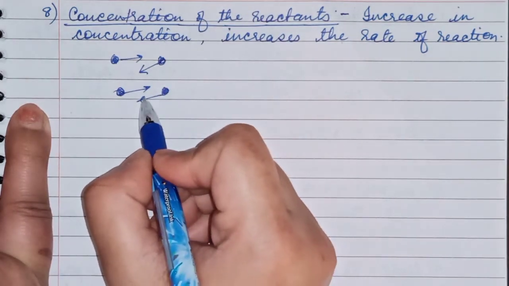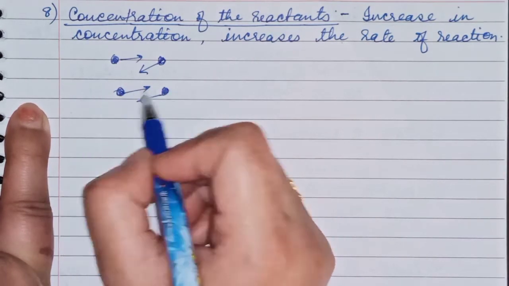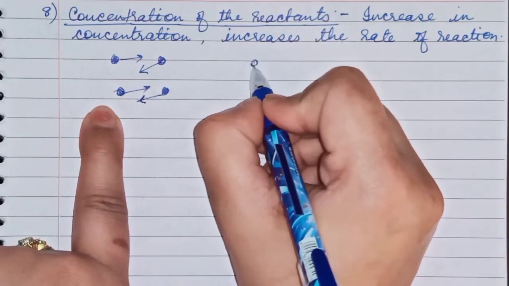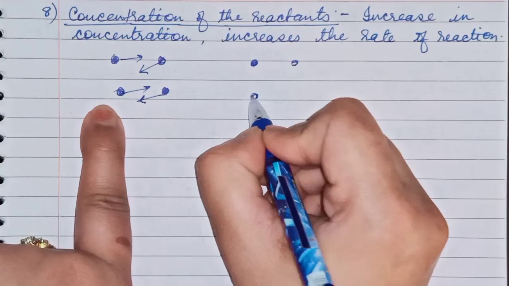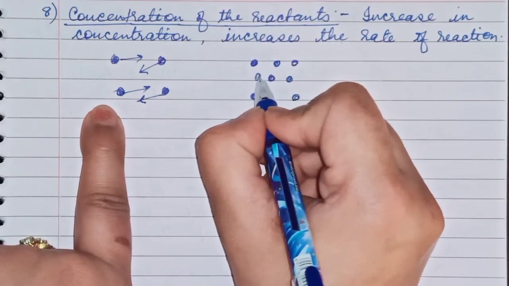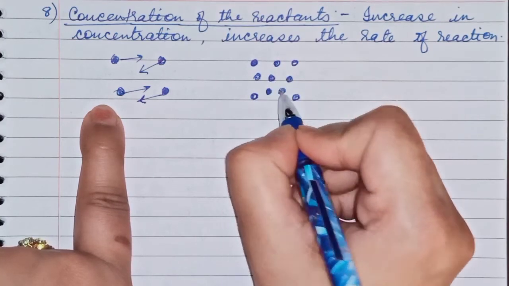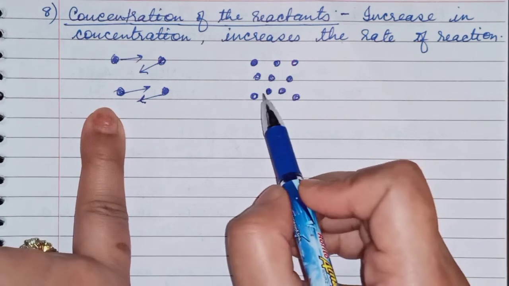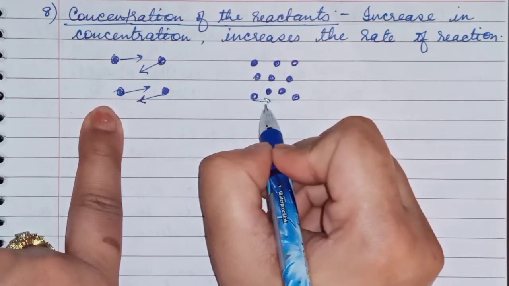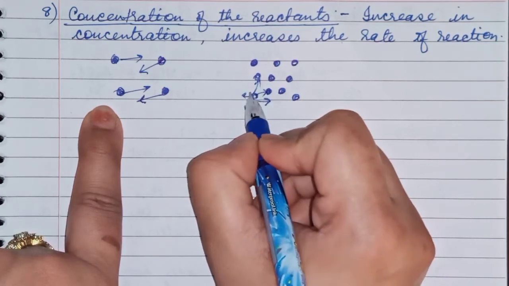It is not very frequent that they will come in contact with each other. Now suppose these 4 balls are increased to 10 balls. Here they are very close to each other. With a very slight movement there is a chance to meet or collide with another ball.